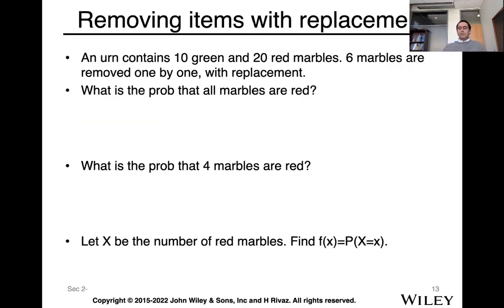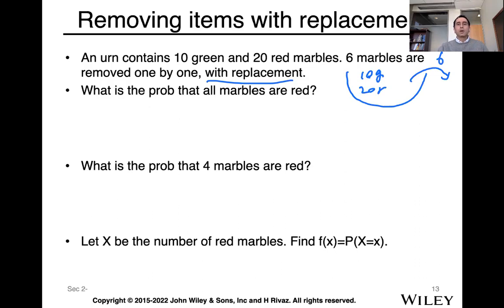So this is the next question that we want to solve. We have an urn that contains 10 green and 20 red marbles, right? 6 marbles are removed one by one with replacement. That means that when I remove one marble, I look at the color, I put it back, I remove another one.